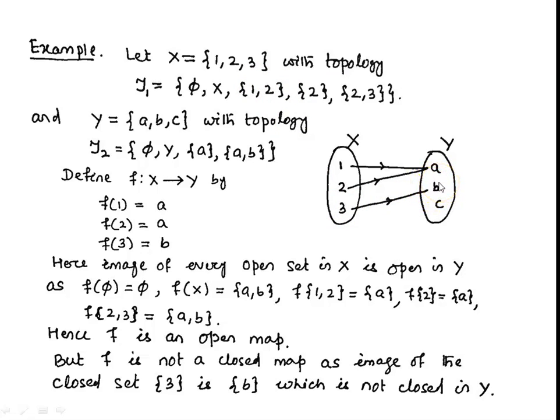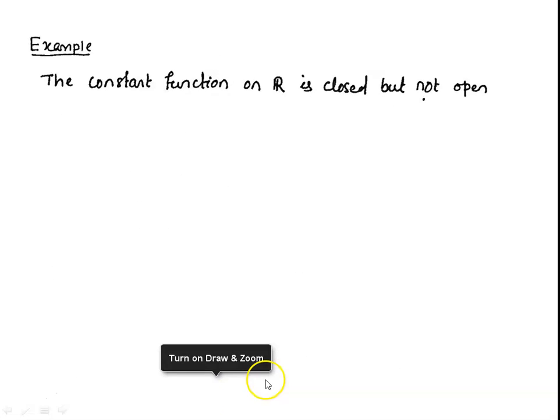But singleton set {B} is not closed in Y, because complement of B is {A, C}, and {A, C} is not open in Y. So B is not closed in Y. So image of the closed set {3} is {B}, which is not closed in Y. So the function f is not a closed map. This mapping is an open mapping but not a closed mapping.